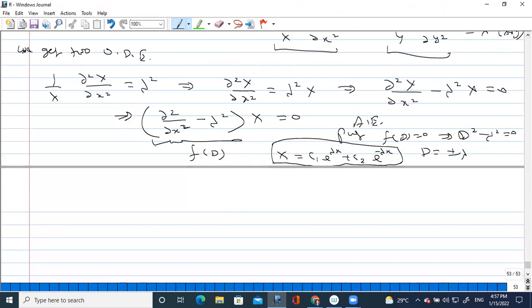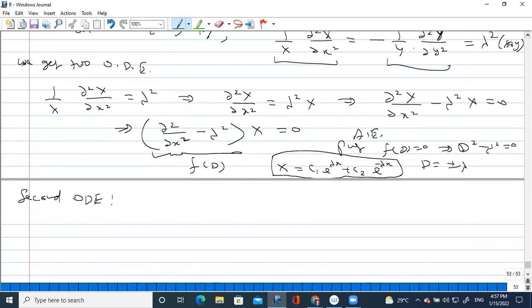Okay, so from the second condition, the second ODE will be minus (1/Y) d²Y/dy² equals lambda square. So it means this whole thing you can take to the right hand side.